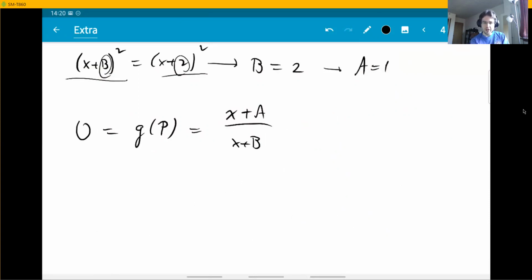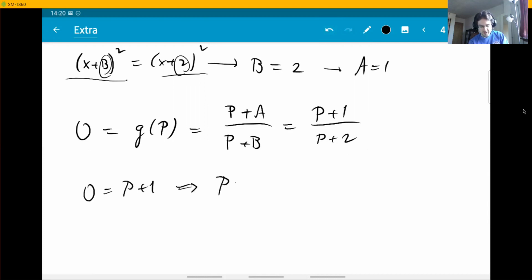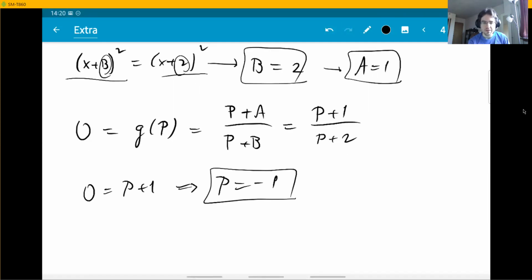This would be the function at a number x. I'm going to erase the x's here and write p for them because I'm evaluating g of p. Now this is better. And we already know what a and b are, 1 and 2. So now you have an equation for p. 0 equals this expression. 0 equals p plus 1. p is minus 1. And that's it.